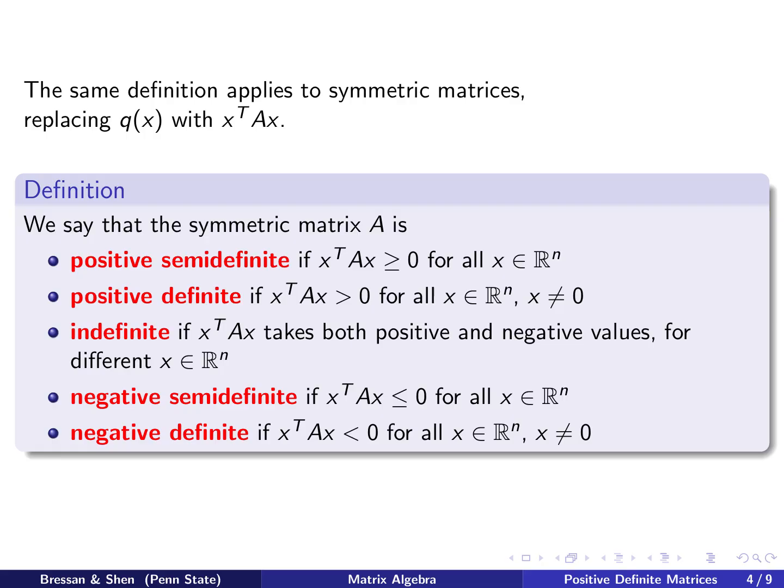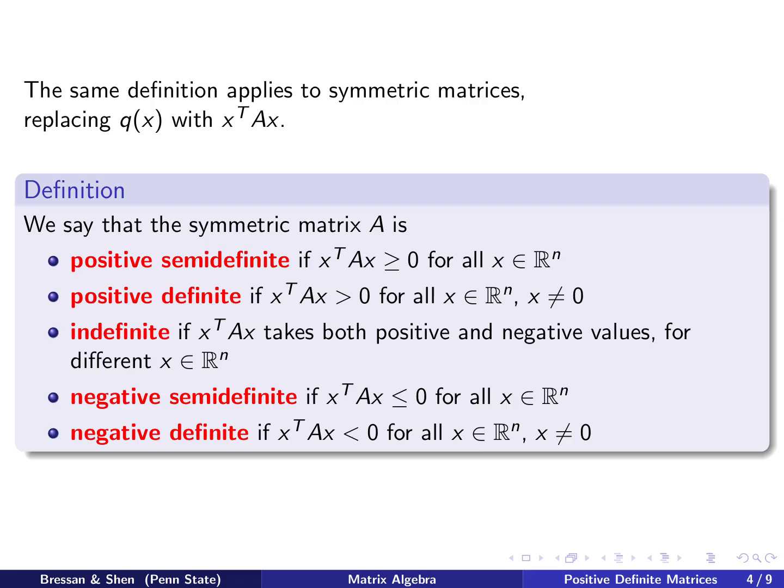Now, since we have established a unique relation between a quadratic form and a symmetric matrix, we use the same definitions from the quadratic form for the symmetric matrix, calling them the same terms when similar things hold. So let's go through this.